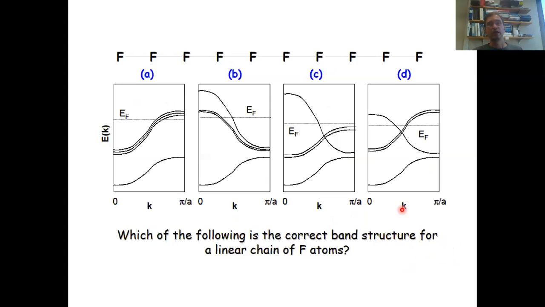All right, now let us look at a more complex example of a one-dimensional chain which now contains multiple orbitals. For instance, we can think about a one-dimensional fluorine chain. Which orbitals would we need to consider here for our band structure? We would consider the valence orbitals of fluorine, which would be the 2s orbitals, as well as the 2p orbitals.